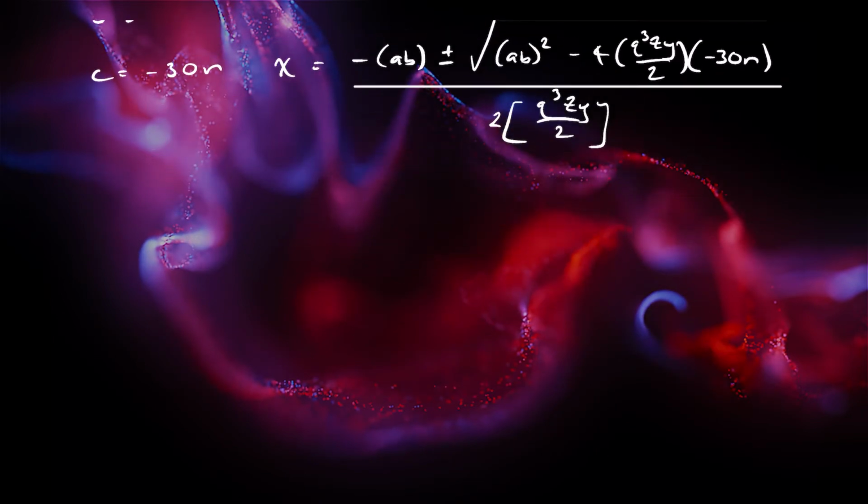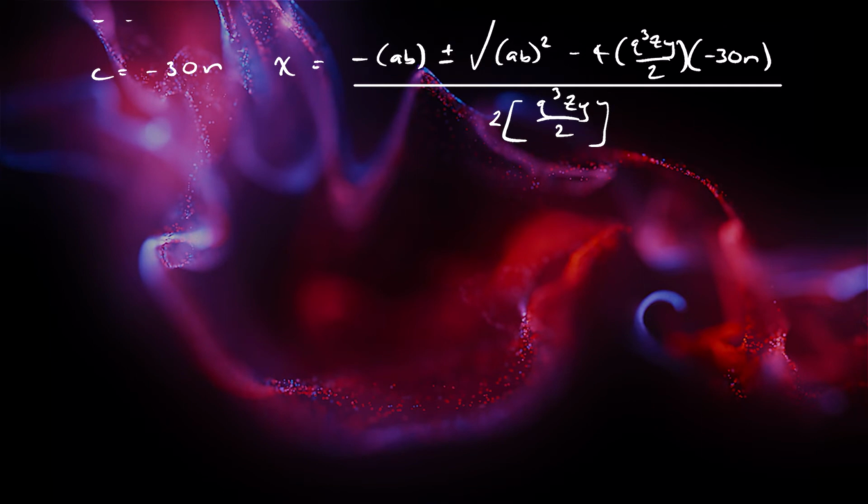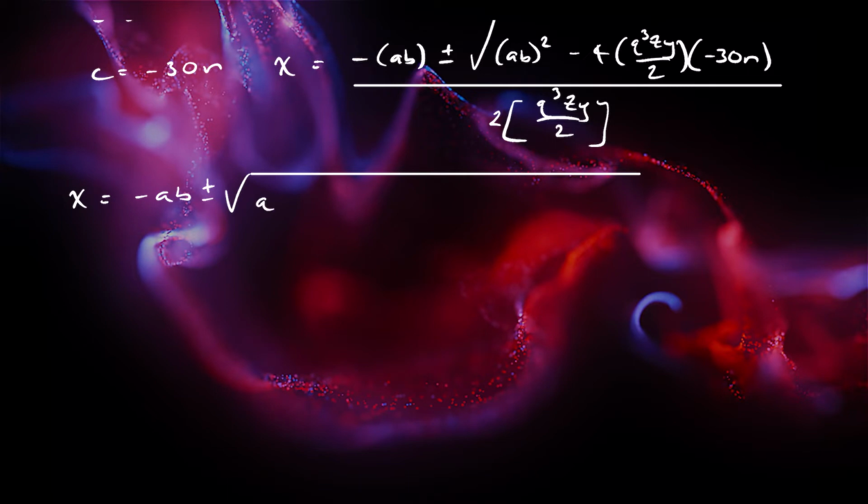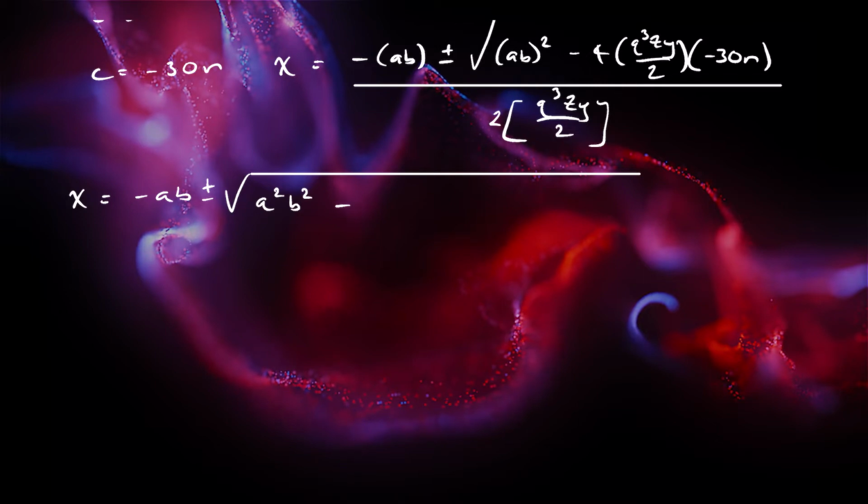So if I give myself a bit more space, let's simplify this down. So we're going to get x is equal to negative ab plus or minus the square root of, what are we going to get? We're going to get a squared b squared minus 4 over 2, which is going to give me 2.